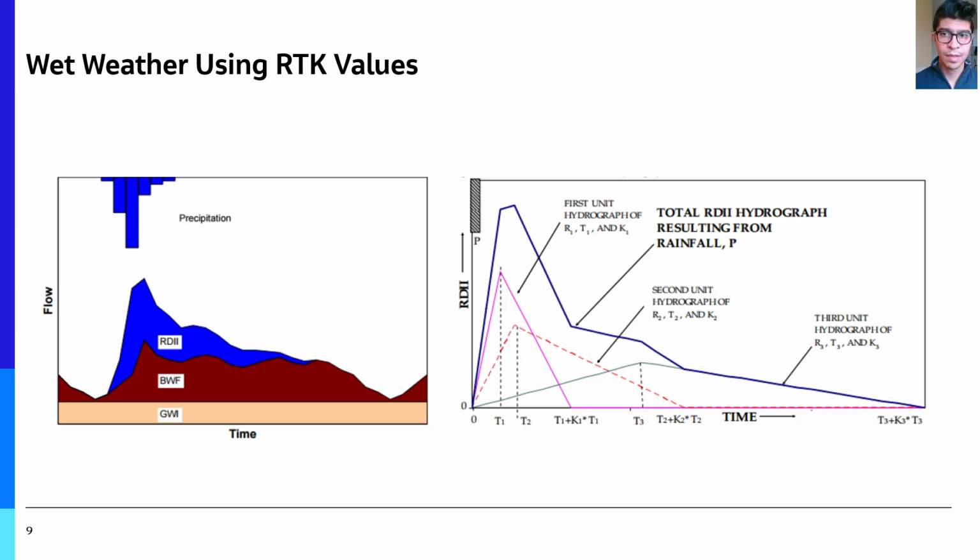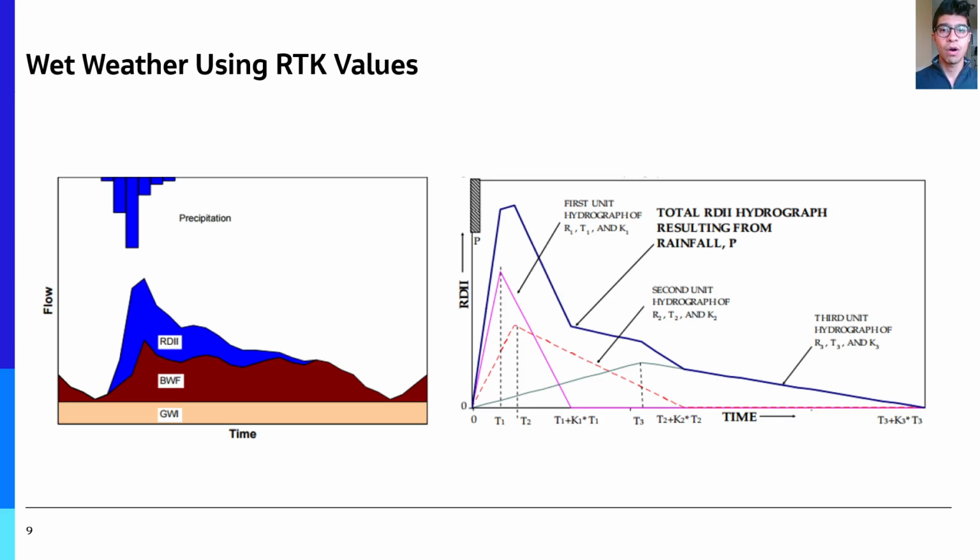It's really hard to calibrate and tweak them in order to get that basically blue curve or blue hydrograph of the rainfall. So that's why we're using this automated or optimized calibration, so that we can try different values of RTK in order to simulate a real rainfall event in each and every single subcatchment area that we're doing the flow monitoring for.